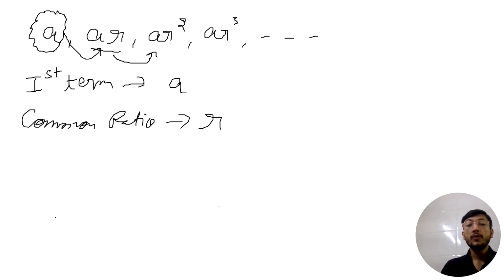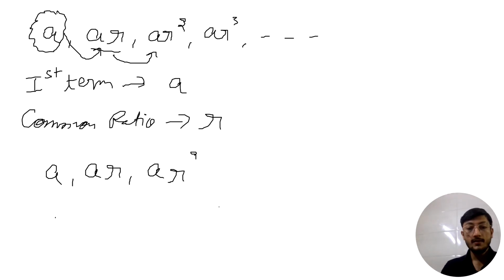If I am talking about how we can calculate the nth term, we should see the pattern. Again, I rewrite our general form of GP. Notice it and see the things very carefully.